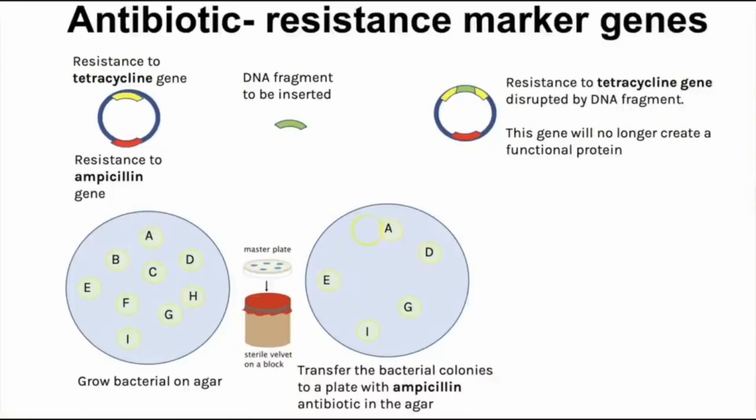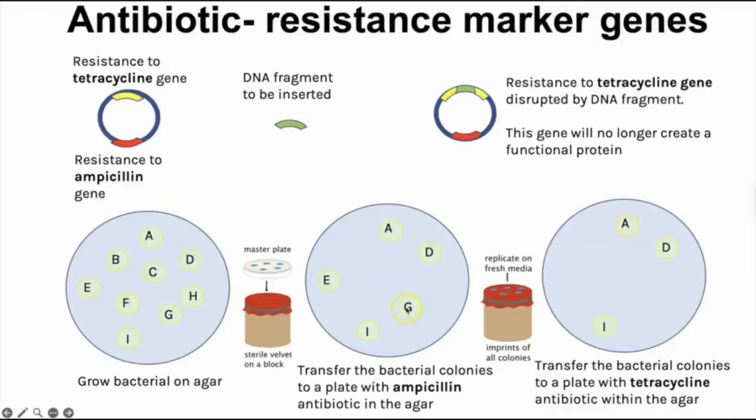And this time the agar plate has got agar with ampicillin antibiotic dissolved within it. And we can see that now some of the colonies have died and only some can grow. They would then take another imprint and this time grow those colonies on the agar plate that's got tetracycline dissolved within it. And now we can see only these 3 colonies can survive.